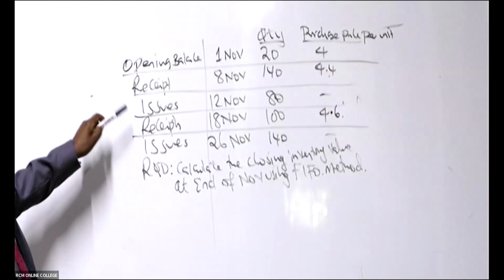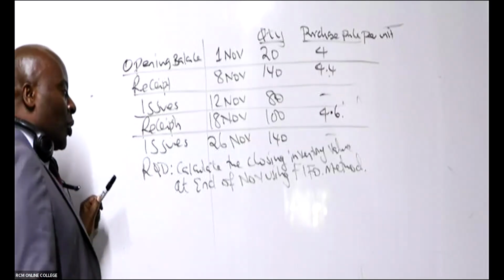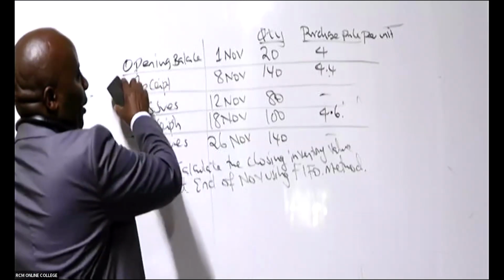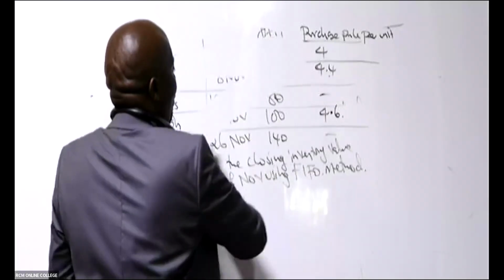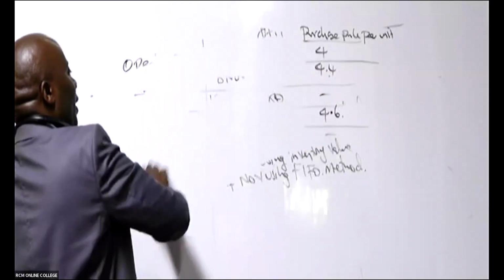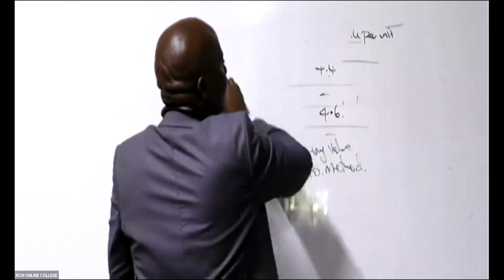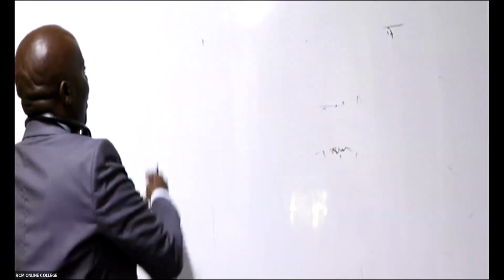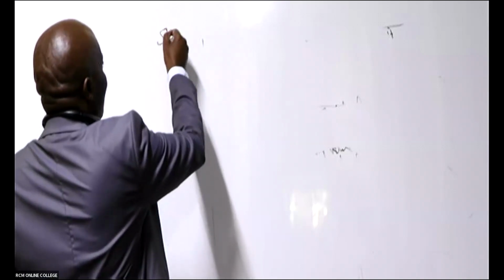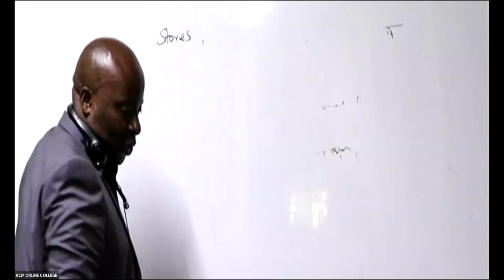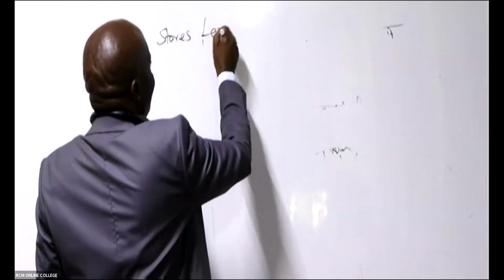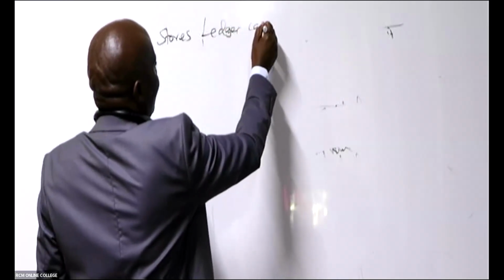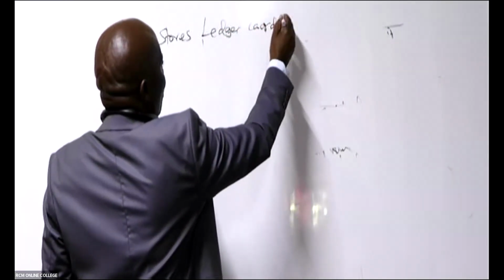And if that is the case, then we write this solution, stores ledger card. So we are using a method called what here?